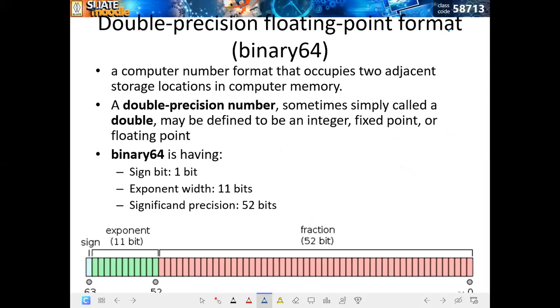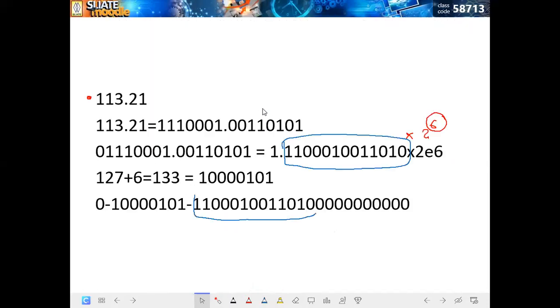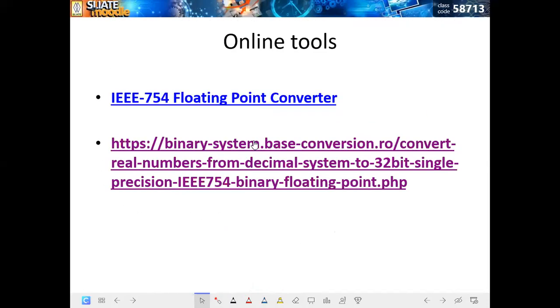Then there's a small description about this double precision floating point. Before that, I want to show you something. Here I have given some online tools.